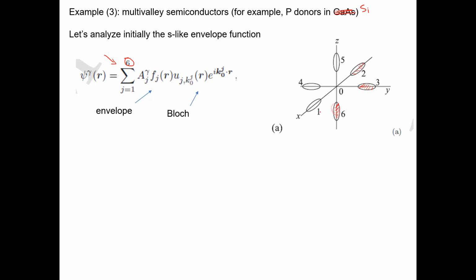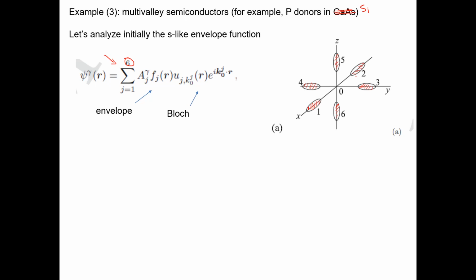And we have to start our description of the impurity state by considering a linear combination of all these 6 valleys. As we discussed before, in the simpler case, in which a donor state, for instance, in gallium arsenide, has just one valley, the gamma point, the wave function is going to be constructed from the Bloch functions from that particular valley.